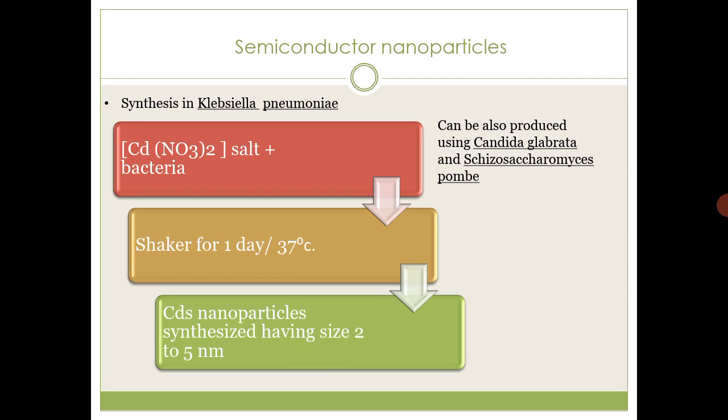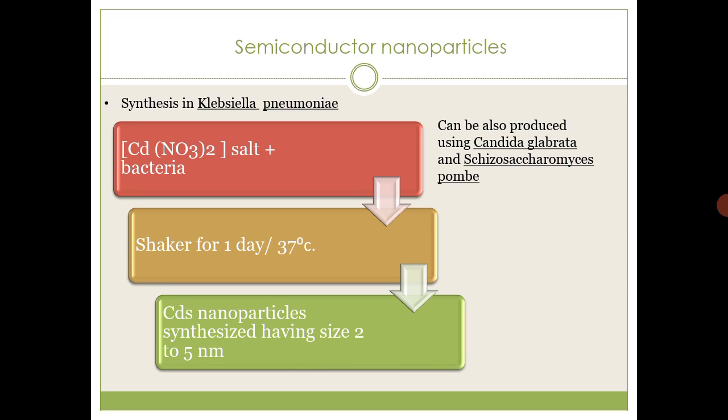If this cadmium salt is mixed with the bacteria Klebsiella pneumoniae, and we keep this mixture for 1 day in the shaker at 37 degrees Celsius, what we will observe is that the cadmium sulfide nanoparticles will be synthesized, having the size ranging from 5 to 200 nanometers.